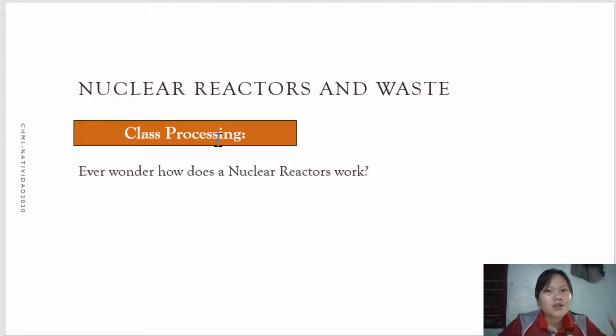You have running water, you have a turbine to convert the energy from the water to usable energy. So in the case of nuclear reactors, what is possible? I hope you've become curious about how these nuclear reactors work as well.